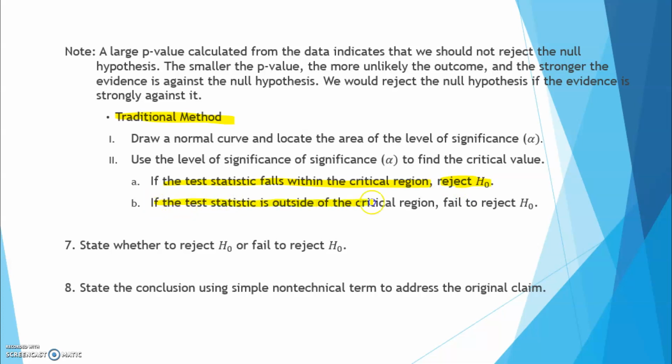If the test statistic is outside the critical region, we'll fail to reject H sub 0. Number 7 is saying, what did you find from either the p-value method or the traditional method? Did you reject H sub 0, or did you fail to reject H sub 0? And then the last thing, number 8, is putting everything back into English so everybody can understand what's going on.